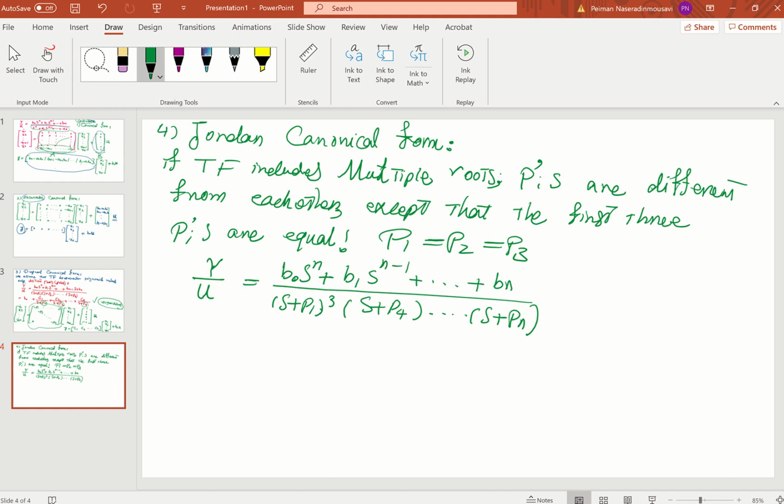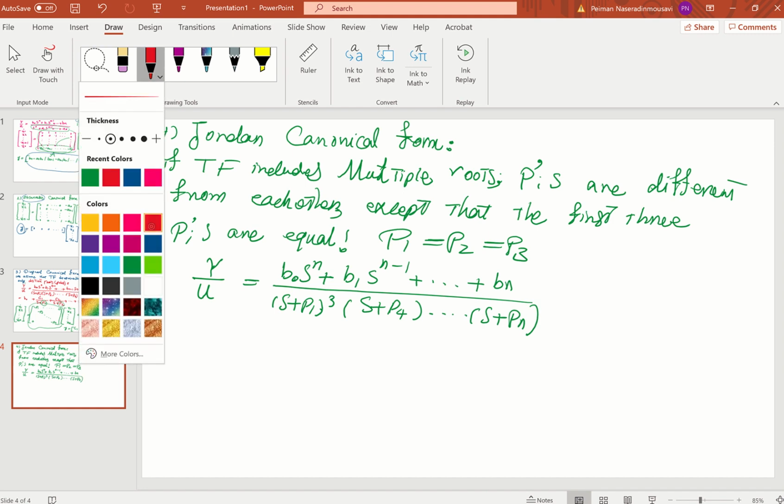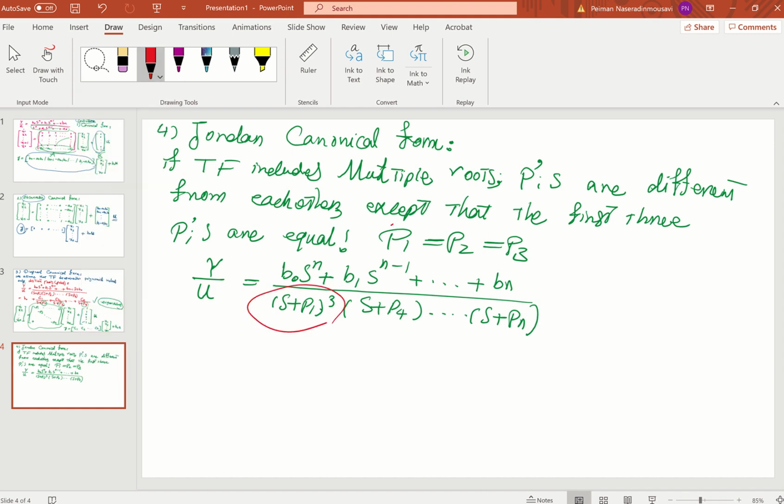So you have three repeated poles. If that's the case, you can represent your state space equation in the Jordan canonical form.